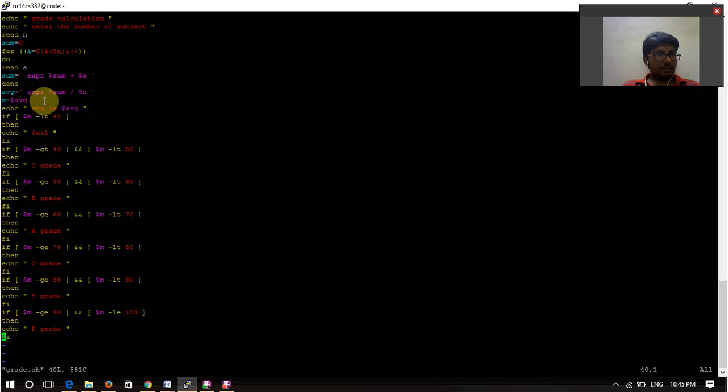It gives the average like this, and the if statement checks if $m is less than 40, the average is less than 40, it gives the grade as fail. If $m is greater than 40 and less than 50, it echoes C grade.